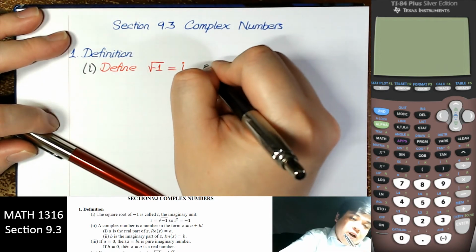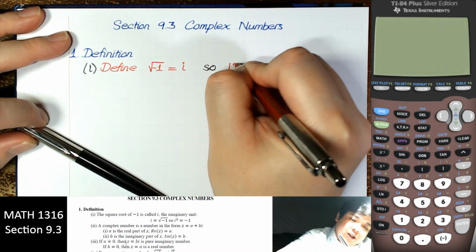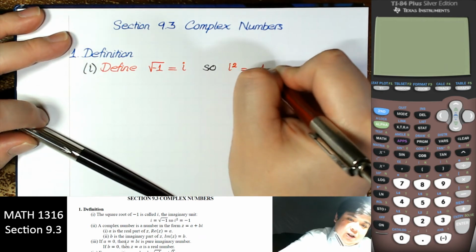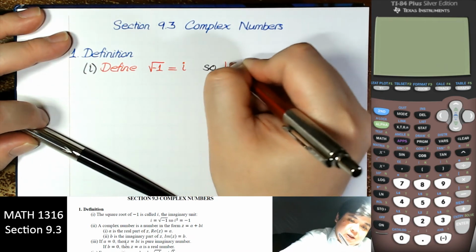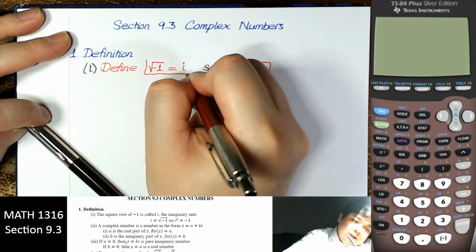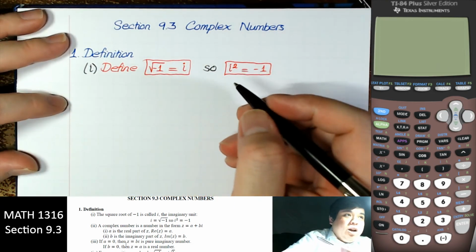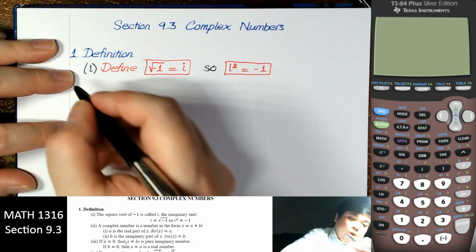If we square both sides, we also have i squared equal to -1. So i is equal to the square root of -1. So we define.